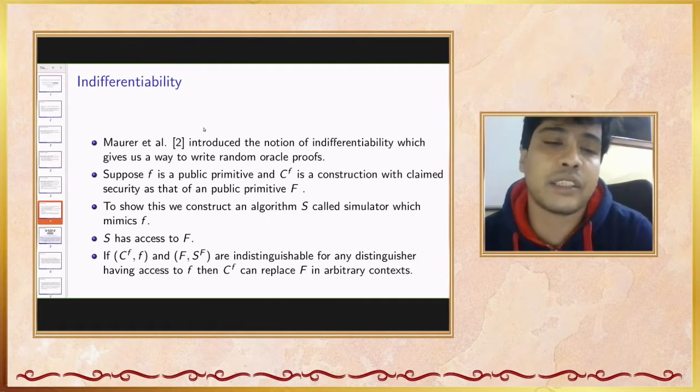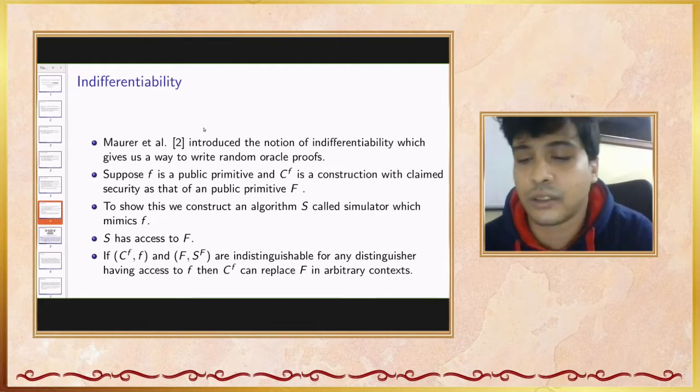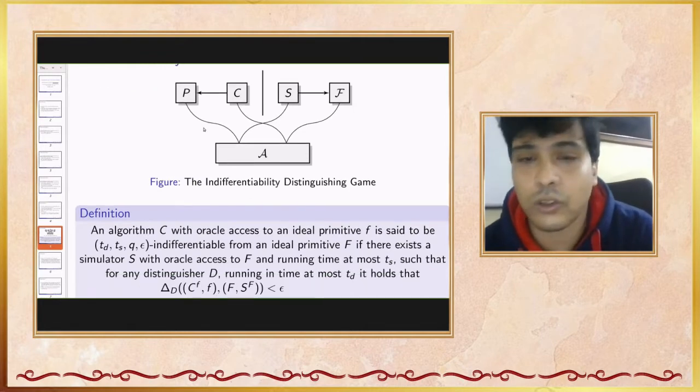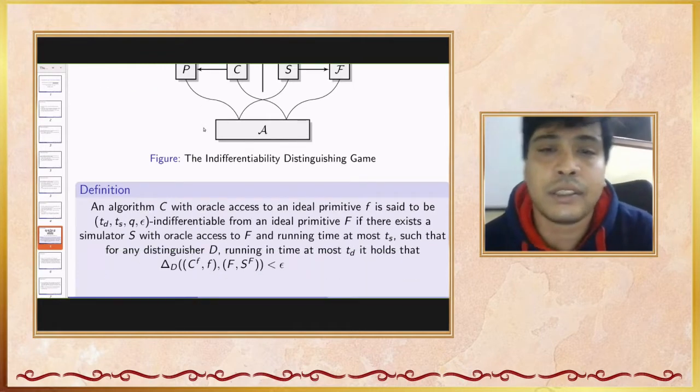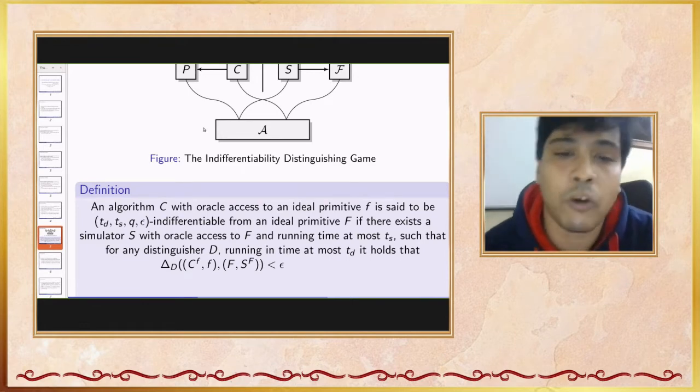Now, if no distinguisher having access to small f can distinguish between C and small f, and capital F and capital S, then we say that capital C and capital F are indifferentiable, and in that case, C can replace capital F in arbitrary constructions. So, this is the indifferentiability game in picture, and this is the formal definition. I will not be going into this.